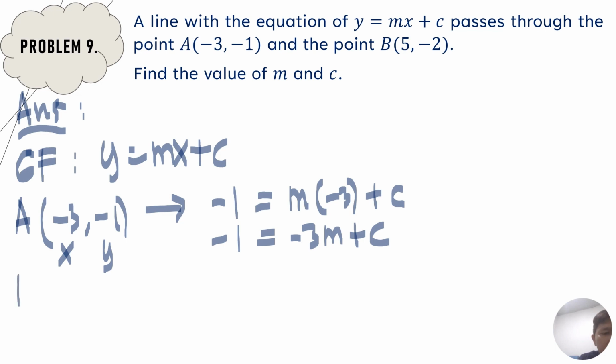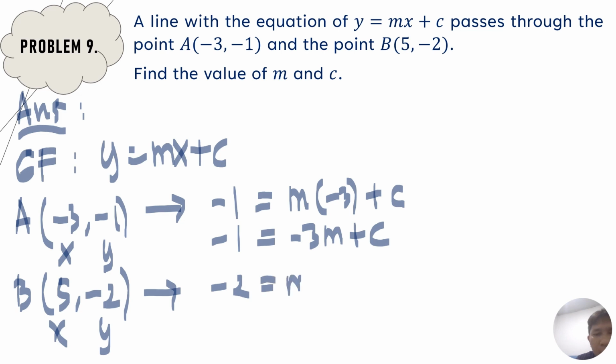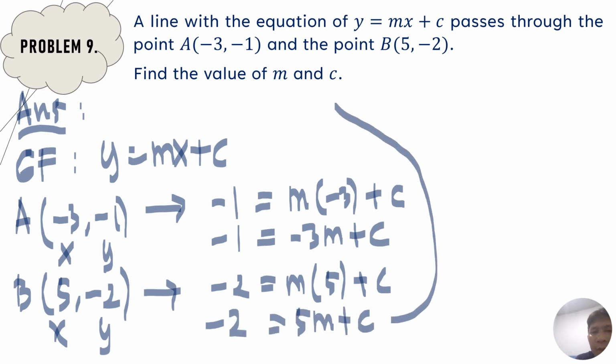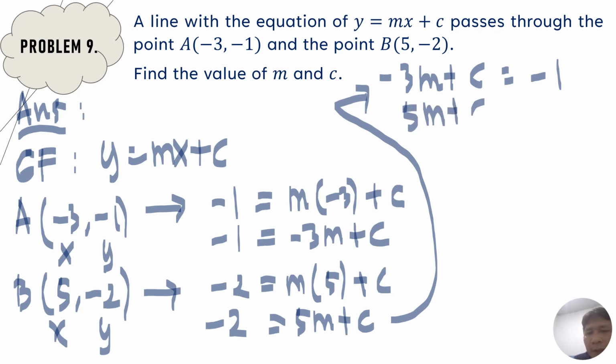Then point B, 5, negative 2. This is x, this is y. Then negative 2 equals m times 5 plus c. Negative 2 equals 5m plus c. Okay, then after that we can eliminate: minus 3m plus c equals negative 1, and 5m plus c equals negative 2.